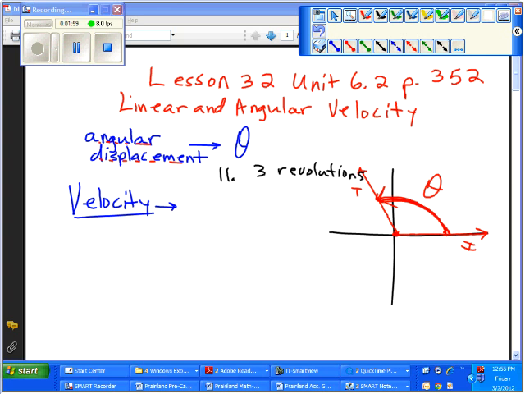In this section, we're going to be dealing with things like Ferris wheels, or wheels on the bus go round and round, or merry-go-rounds, things that go around in circles, and look at the linear velocity of an object that's on that wheel, or the actual velocity of the wheel itself as far as displacement angular wise.